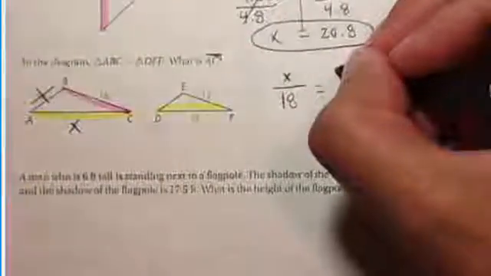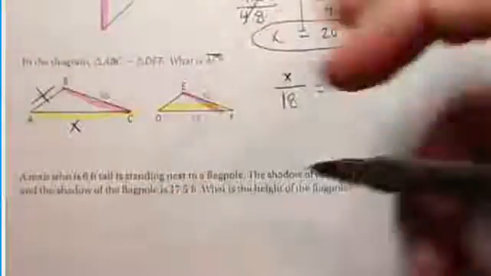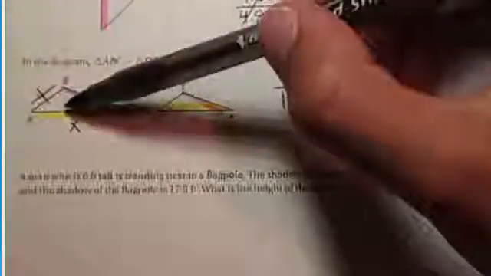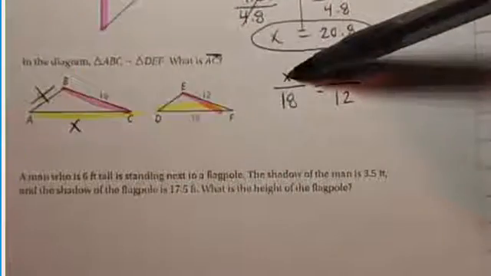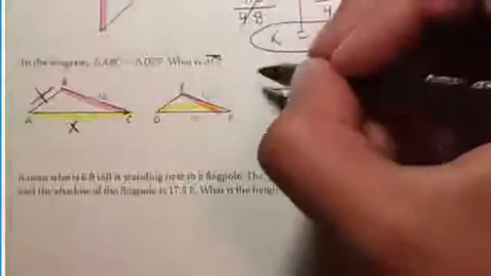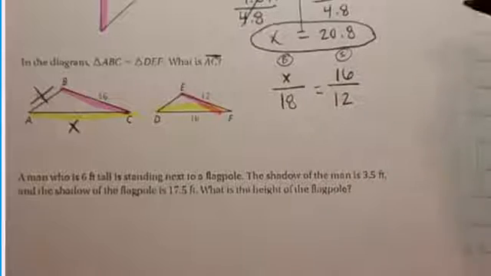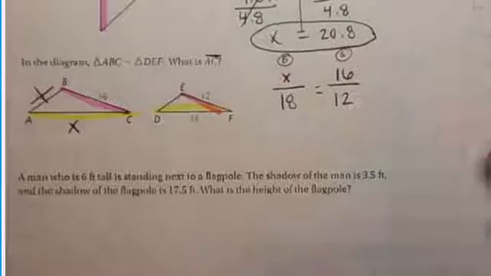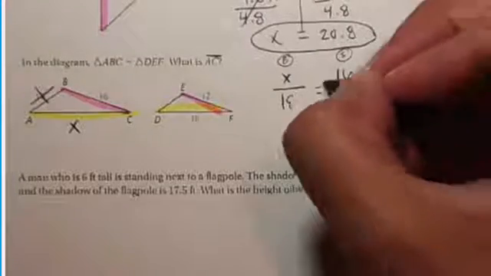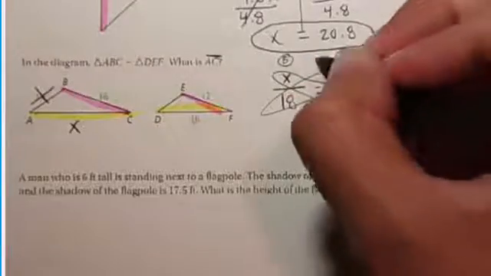BC is 16 and EF is 12. Now remember, if I chose this first one, AC should be on the top and my BC should be on the top. This is the big triangle, and this is the small one. So notice that's my ratios, and now I'm ready to solve. I'm going to cross multiply on both sides.